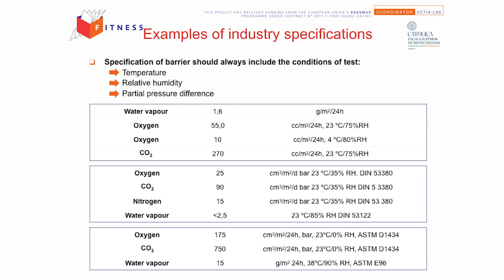And the permeability specifications are not reported or are reported at 23 or 38 and not at the use temperature like 10 degrees or so. So here is a balance between what needs to be performed as a standard and what must be performed as a useful measure for the user of the material, okay? So it depends, okay?